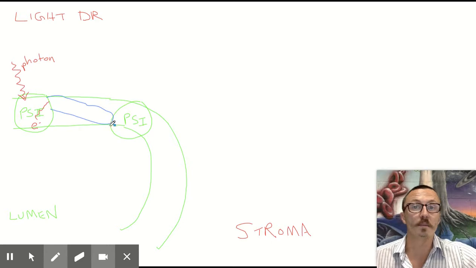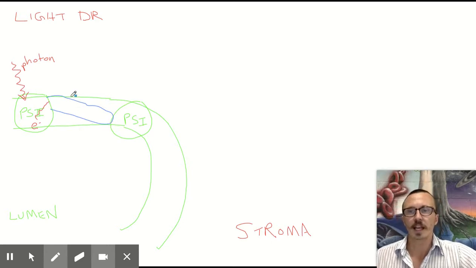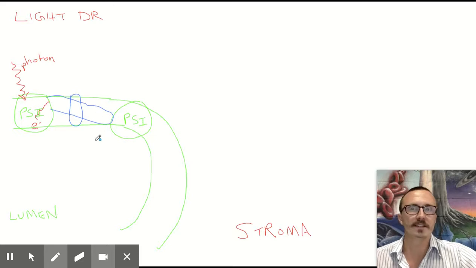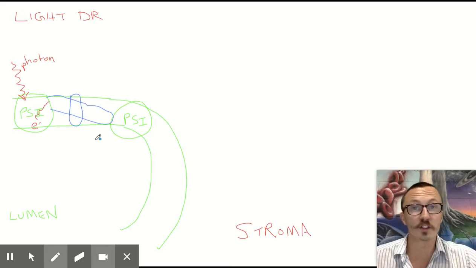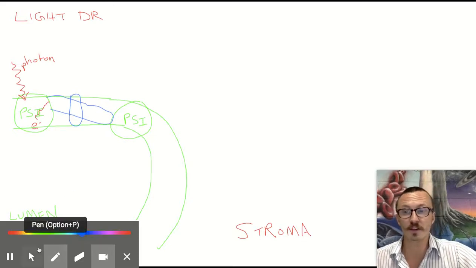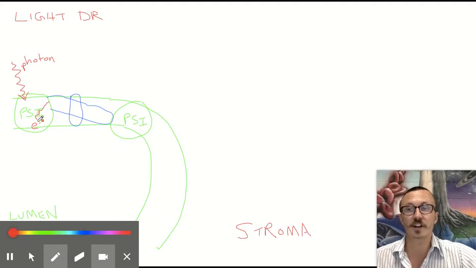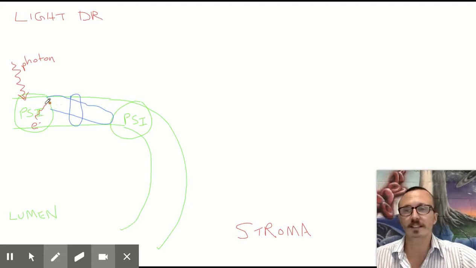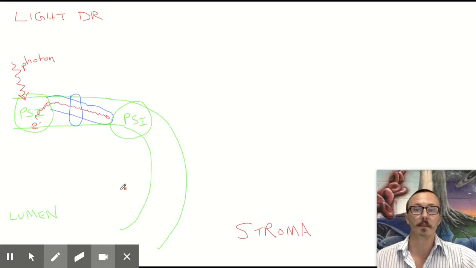I'm just going to draw them as one big chain, and it's called the electron transport chain, ETC. What does it do? It transports an electron. So this excited electron gets knocked into by sunlight. He gets really excited and he zips across this electron transport chain.